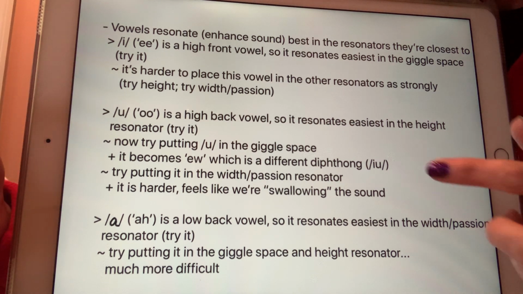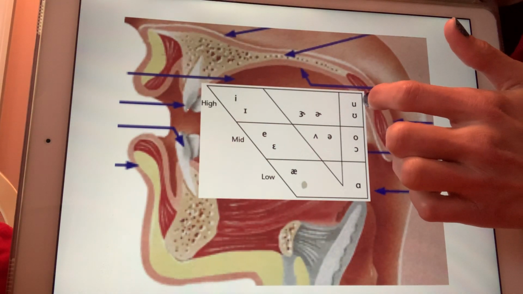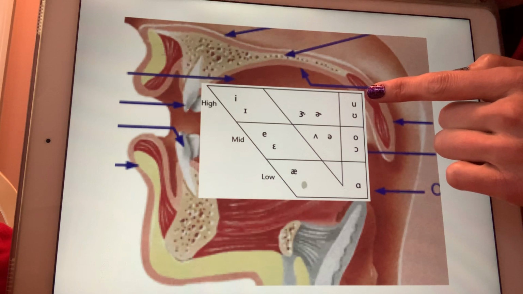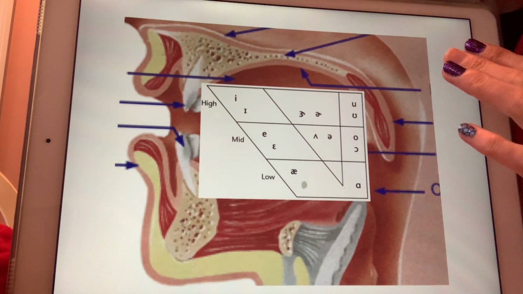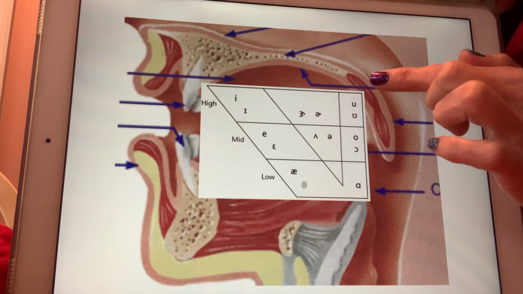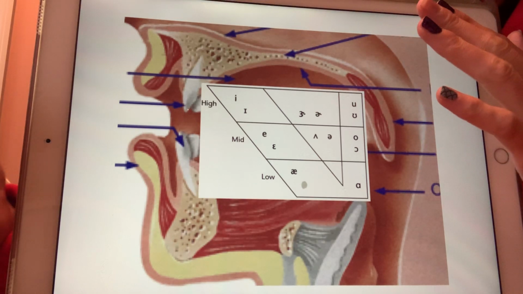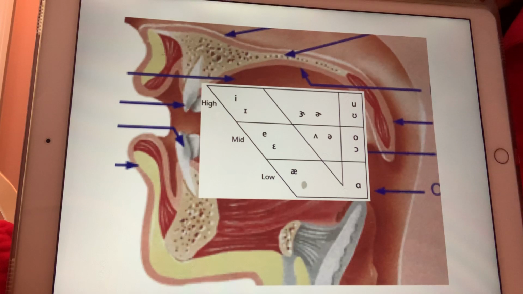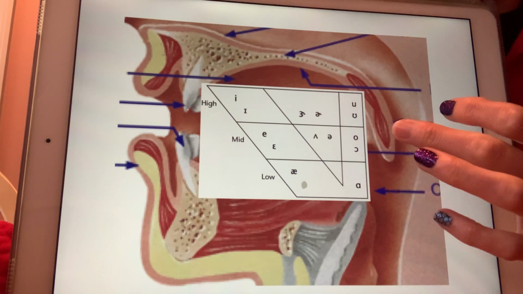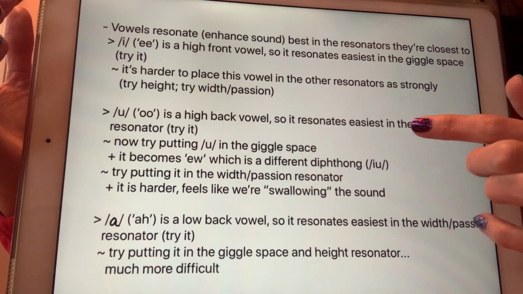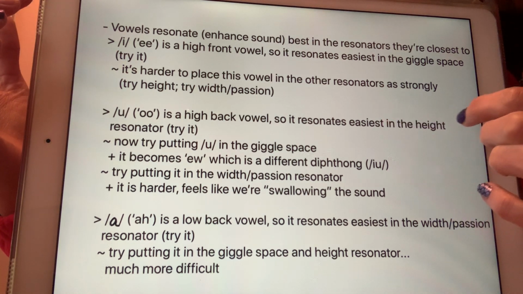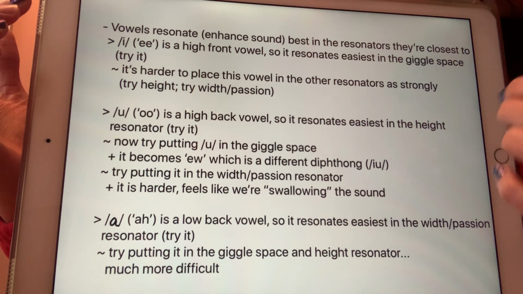Same thing with oo. If we're looking at oo here as a high back vowel, like we said, sound moves through the space. So it's actually kind of moving through the bone and up into that frontal resonator. And so that's why oo is a high vowel, because as a high back vowel, it's closest to the height resonator.